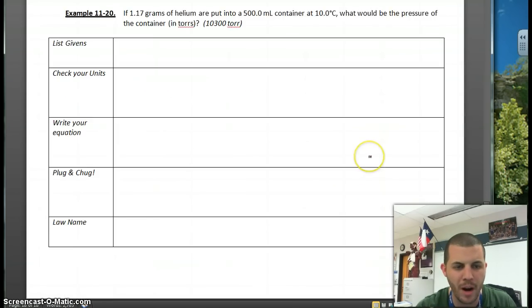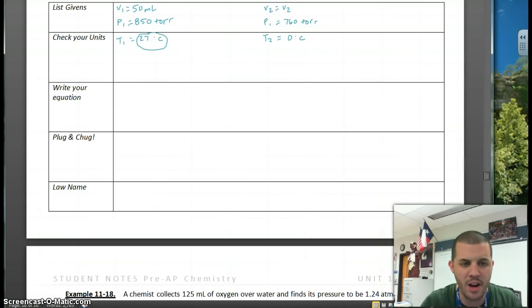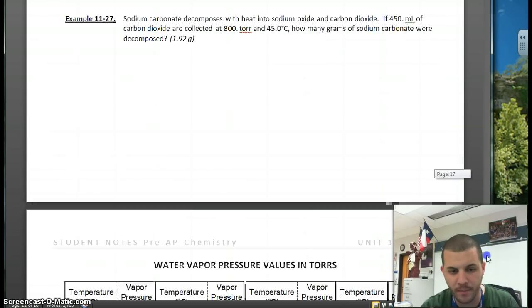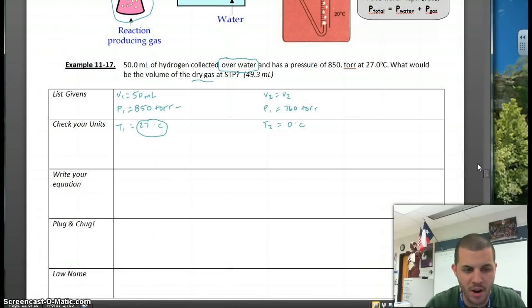So let's go back up to our problem. Here's my 850 torr. Of this 850 torr, 26.7 of that is water vapor.